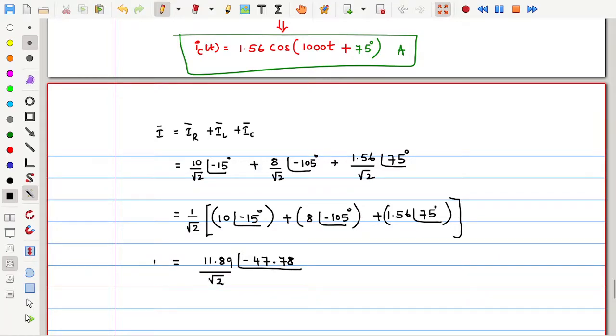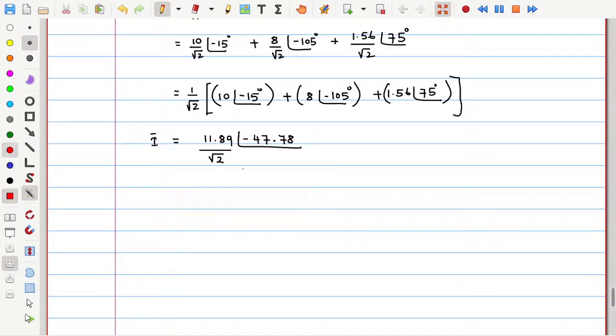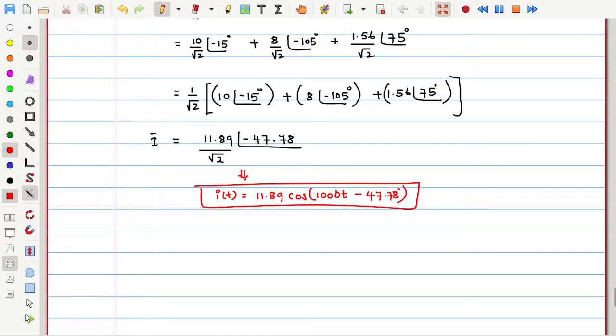This is what I bar. Now in time domain, what will be the current? Total current I of t? Tell me. 11.89 cos(1000t minus 47.78 degree). This is in time domain.